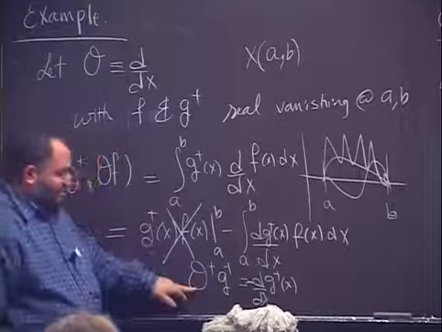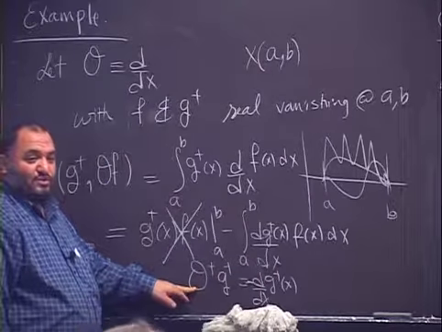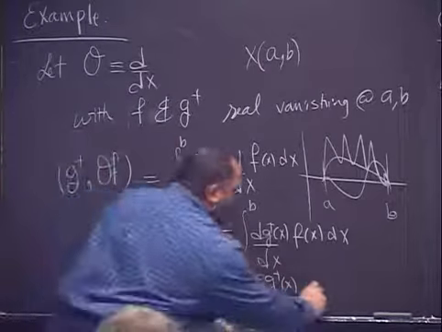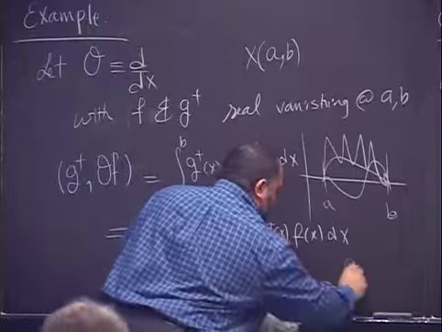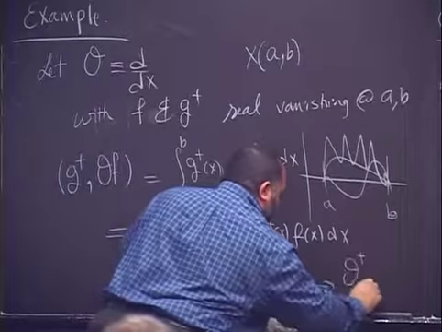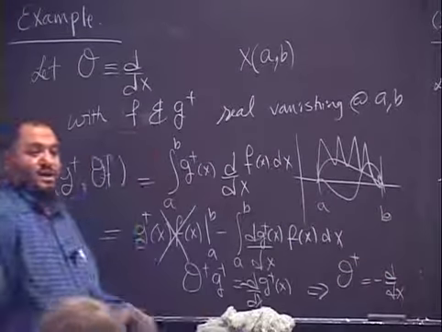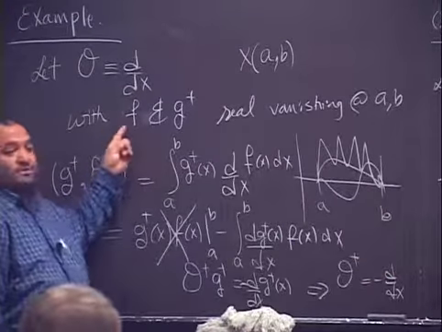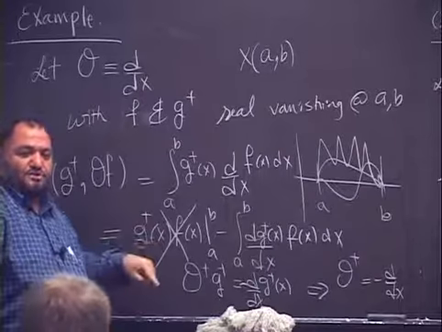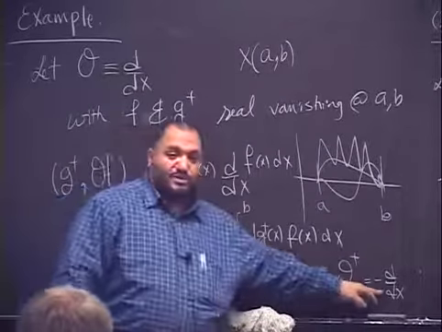So what's the adjoint operator now? This leads to the dagger operator being just negative d by dx. So when you have the first derivative, the adjoint of the first derivative is the negative of the operator.